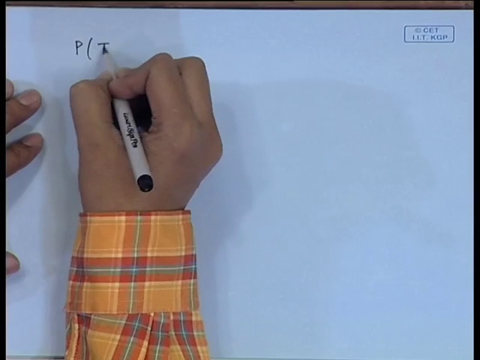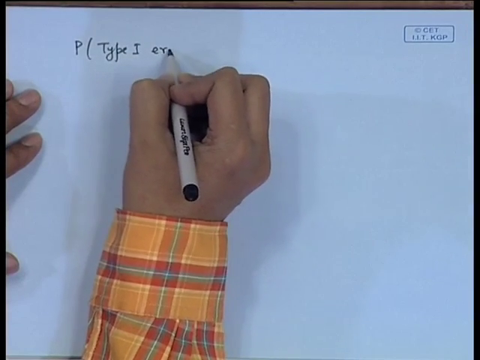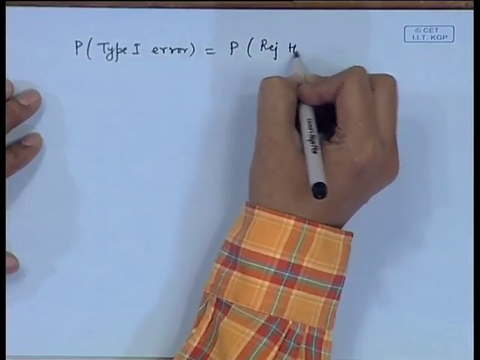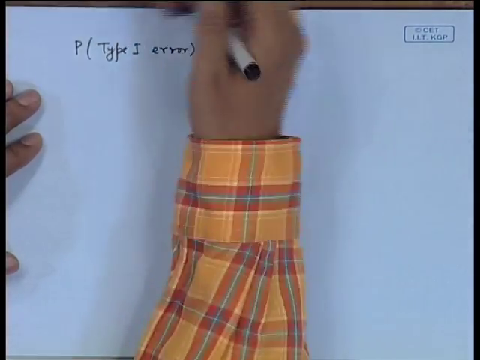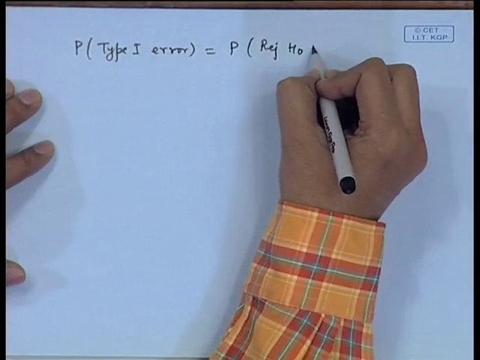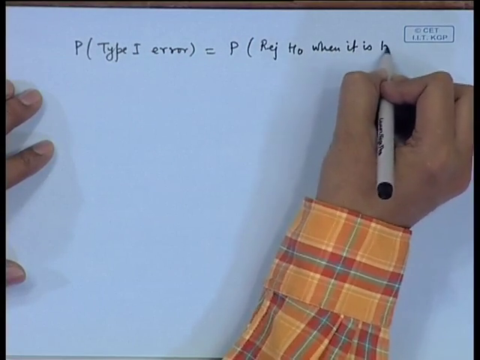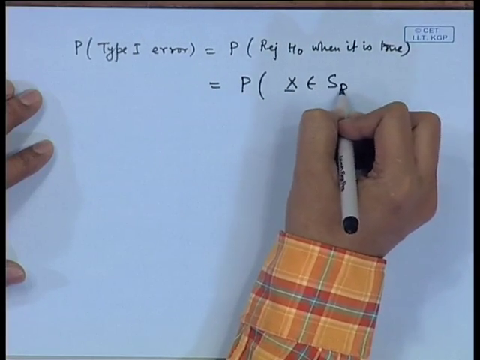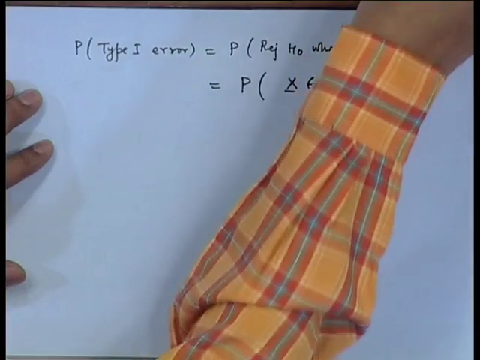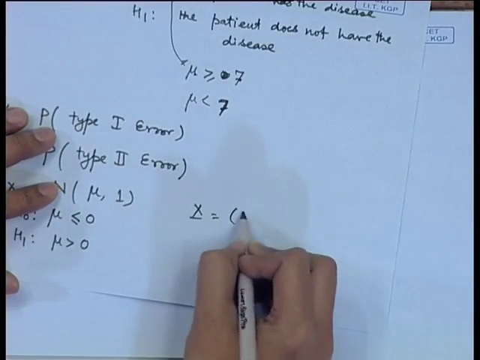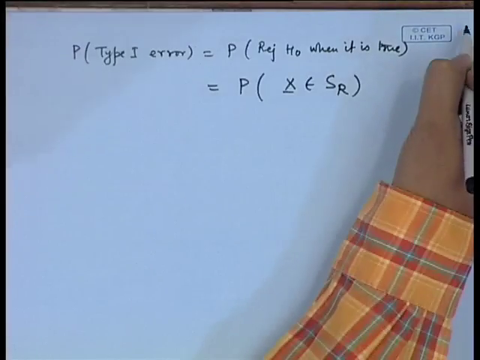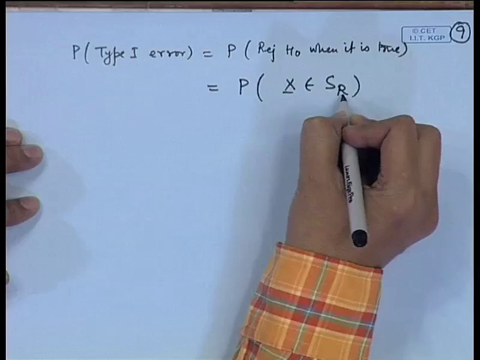So, it could be in this form, the probability of type 1 error is the probability of rejecting H naught, which may be based on some value of the sample, when it is true. So, this could be the probability of say x belongs to S R, where x denotes your vector x 1, x 2, x n of observations, when it is true.